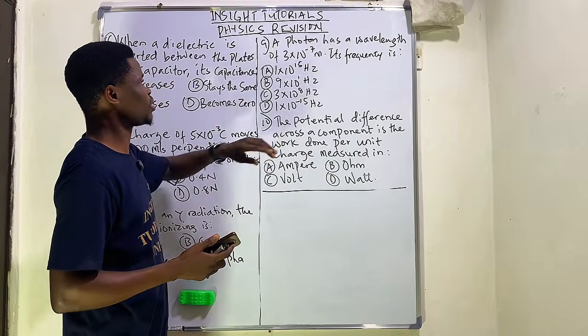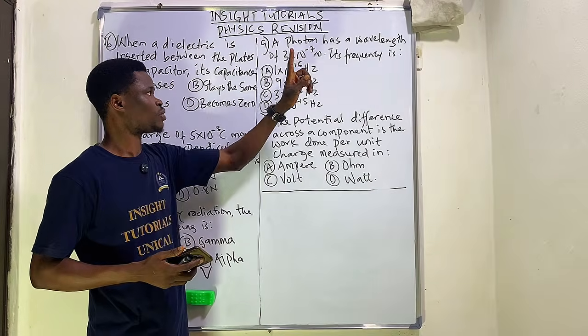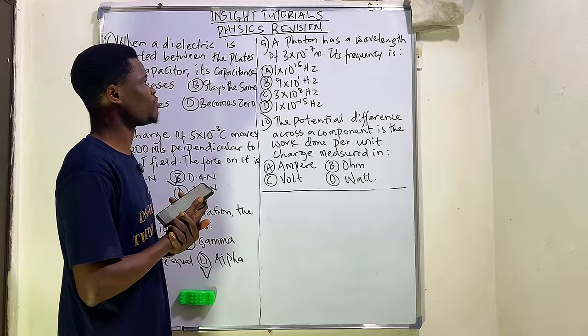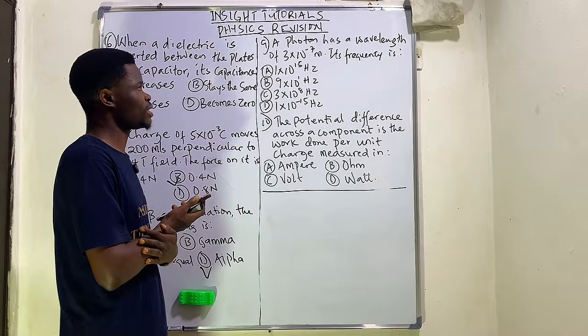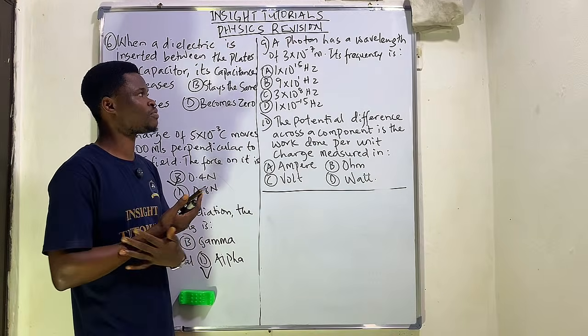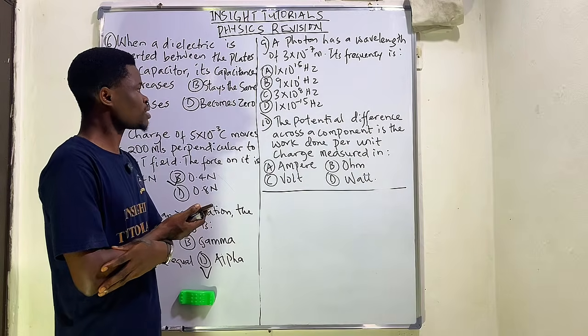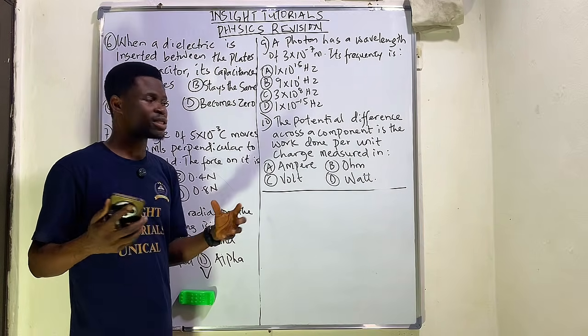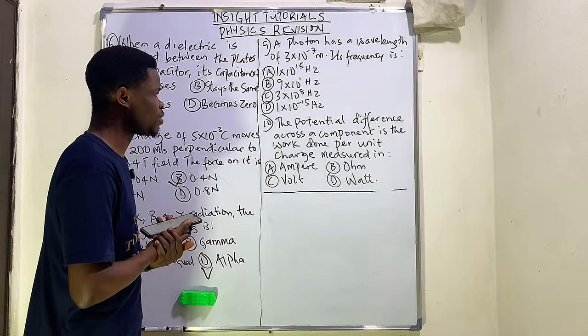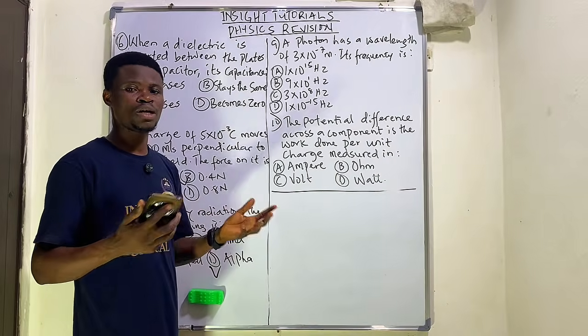All right, question number 9 says that a photon has a wavelength of 3 times 10 raised to the power of -7 meter. Its frequency is, A says 1 times 10 raised to the power of 15 hertz, B says 9 times 10 raised to the power of 1 hertz, C says 3 times 10 raised to the power of 8 hertz, and D says 1 times 10 raised to the power of -15 hertz.